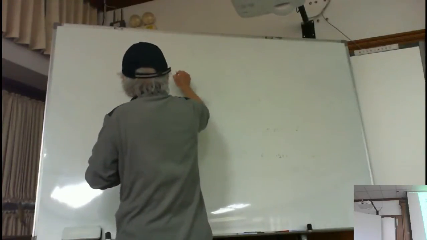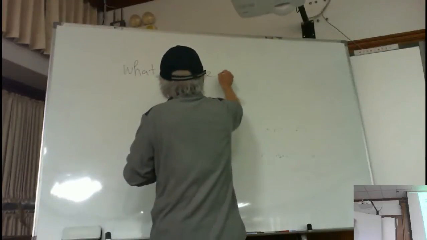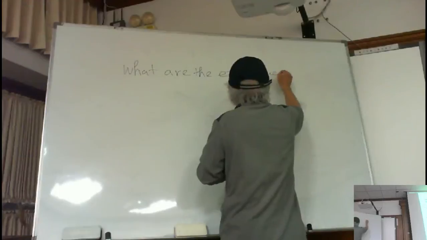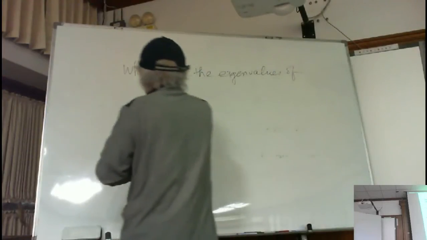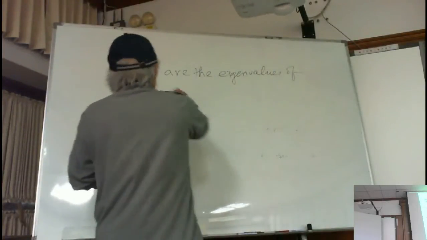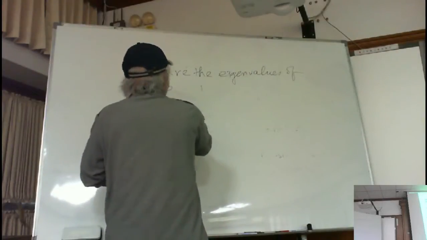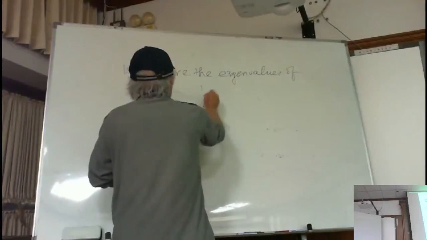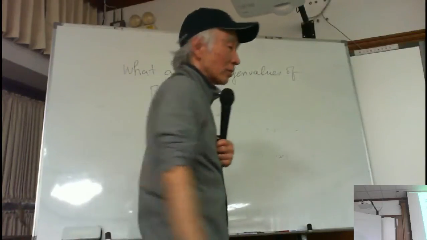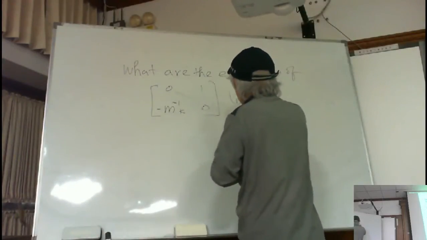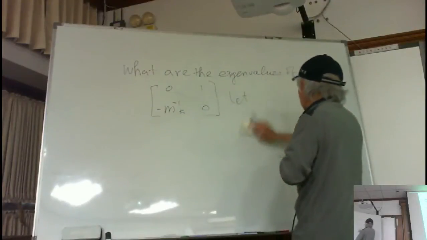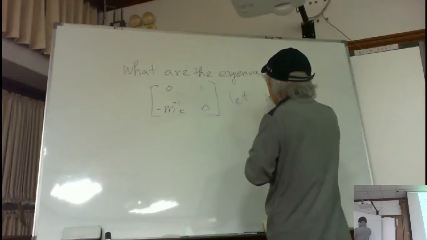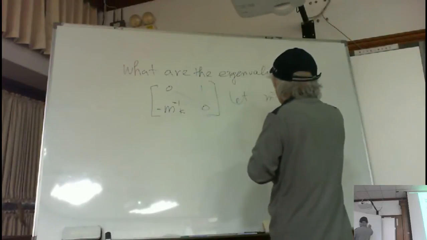What are the eigenvalues of [0, 1; minus m inverse k, 0]? Assume, let's say, that m inverse k equals omega square.